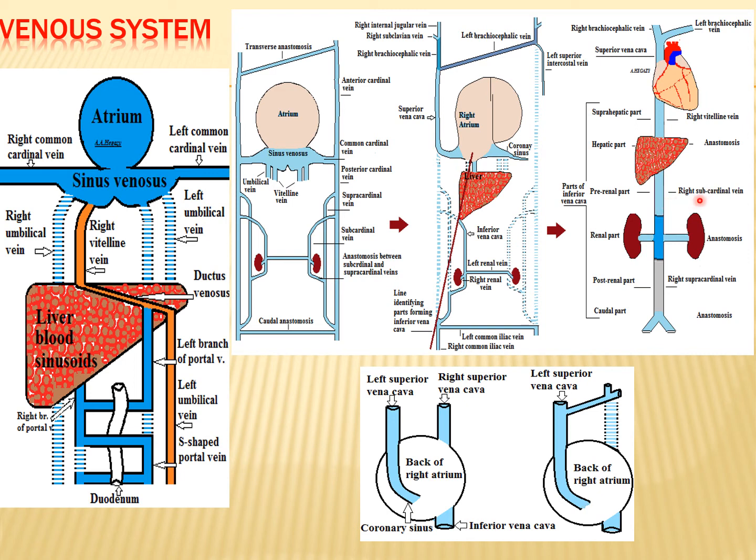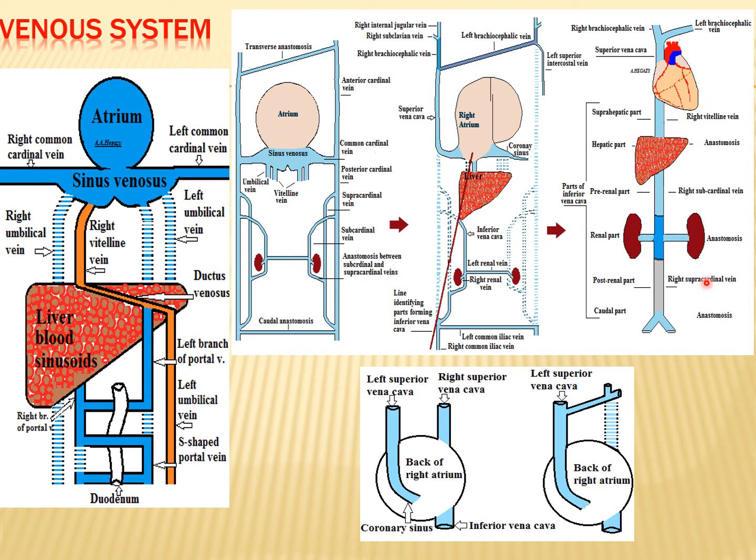The lower part is from the right subcardinal vein. Then the renal part, opposite the two kidneys, is formed by anastomosis between this part and this part, the right subcardinal, and the lower part is the right supracardinal.